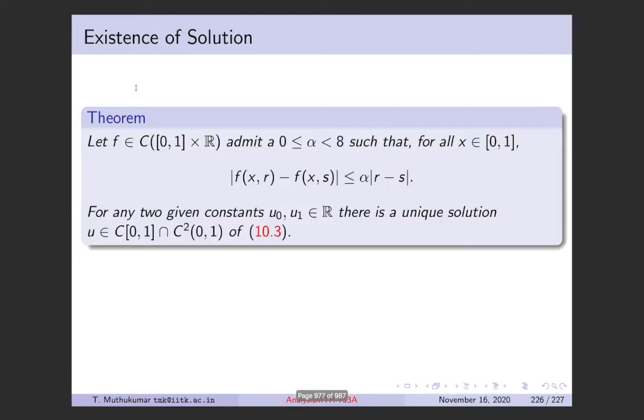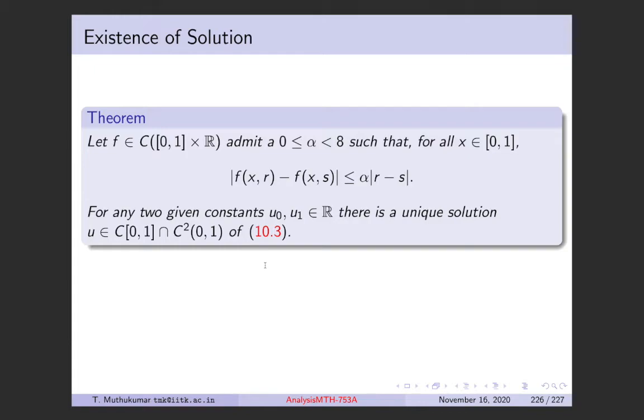Now we will show that whenever the data f is continuous in both the arguments, and it's a Lipschitz function with the constant alpha being a positive constant less than 8, then for any arbitrary given constants u0, u1, you have a unique solution to 10.3.